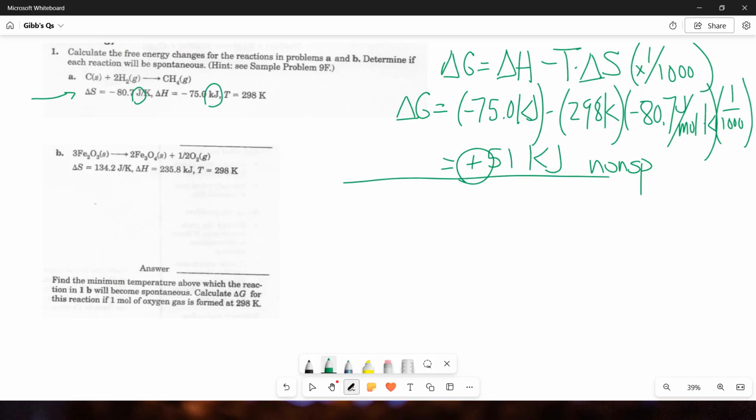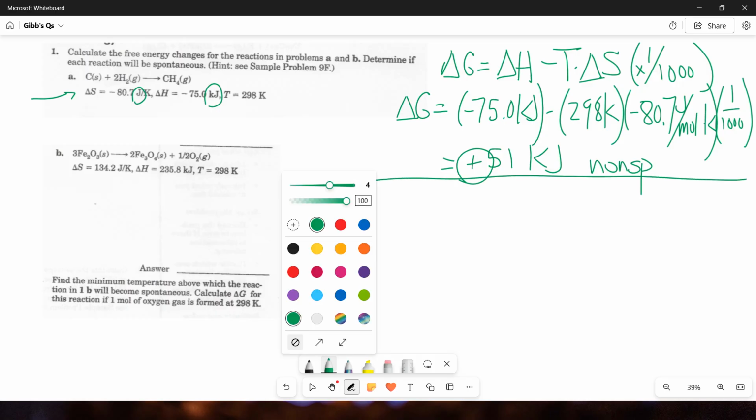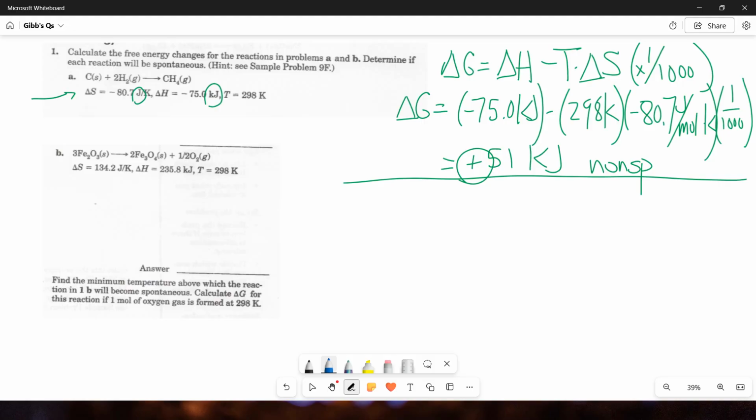Okay, so let's go to the next problem. So we're given an equation where we have iron oxide going to a different form of iron oxide and oxygen. Again, they give us the entropy, they give us the temperature, and they give us the enthalpy.